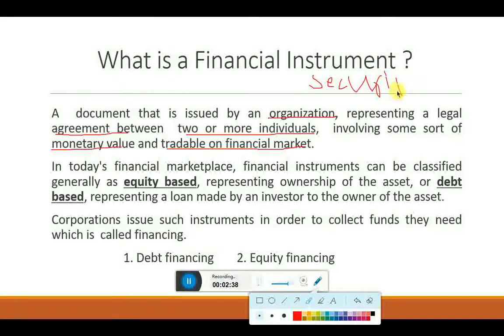So the first characteristic is that it's issued by an organization, and that organization is listed on the Securities and Exchange Commission, or if not listed, that organization is credible, well known on that specific market where these instruments are issued. Number 2 is that this document represents a legal agreement between 2 or more parties.